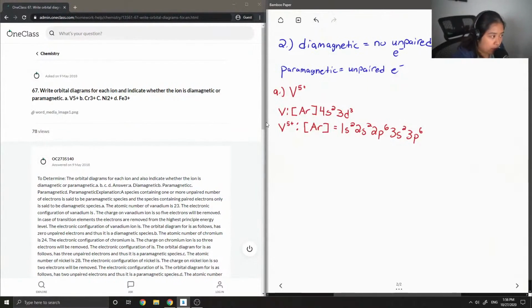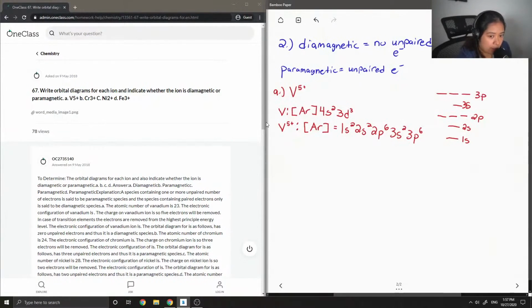So in terms of the orbital diagrams, I'm just going to write out this electron configuration as different energy levels. The bottom one will be for 1s, 2s, and then for 2p, it looks like that, 3s, and then 3p.